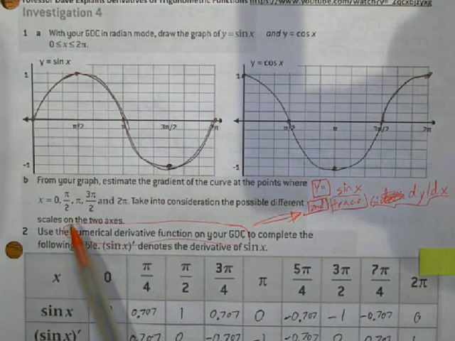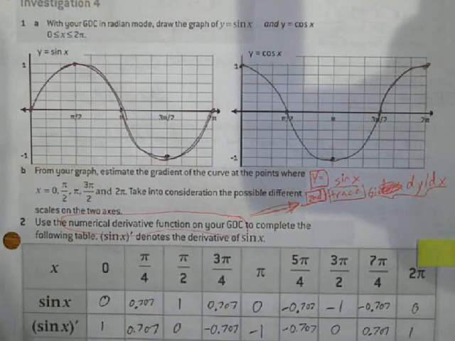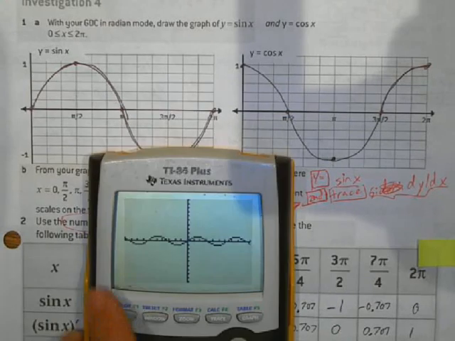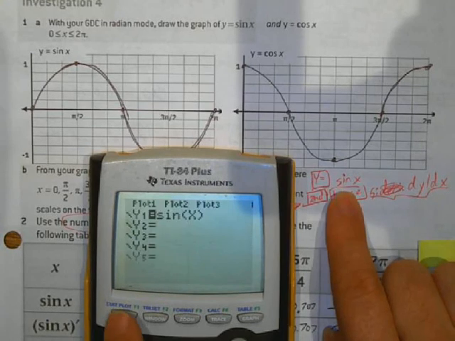To get these values that I'm pointing at here, we want to find the value at 0, pi over 2, pi, 3 pi over 2, and 2 pi, using the derivative function. You've typed in your equation, so I got y equals sine x.